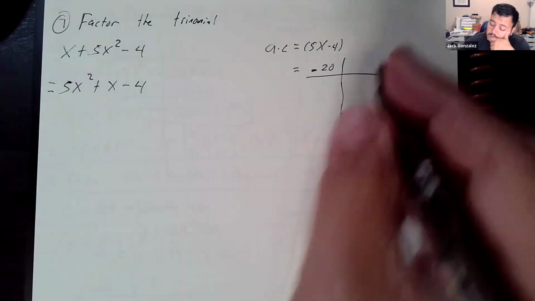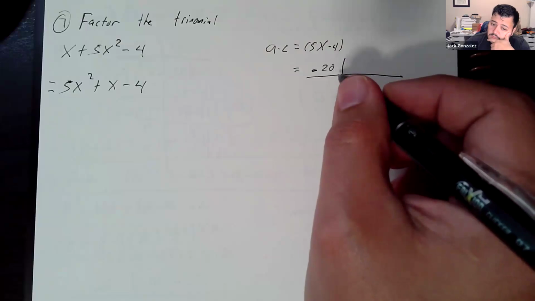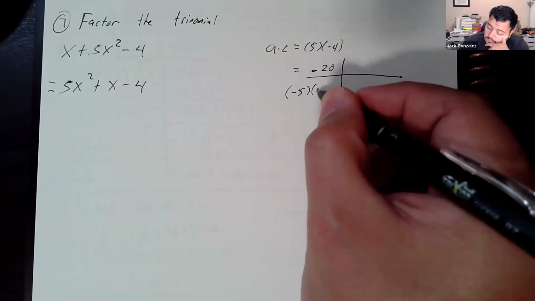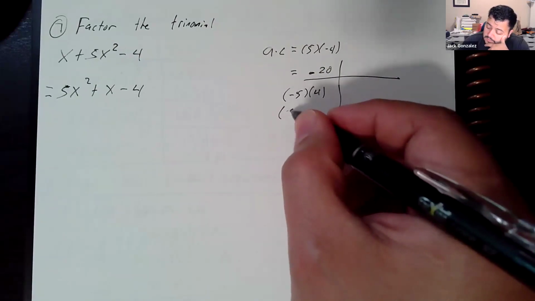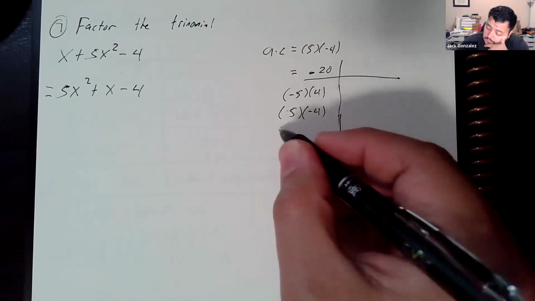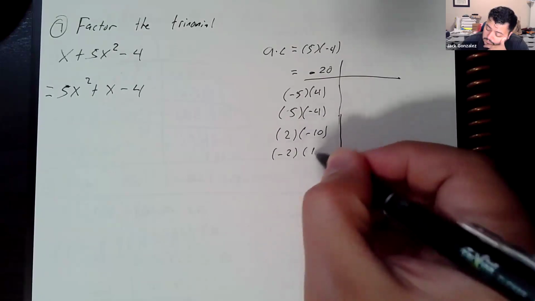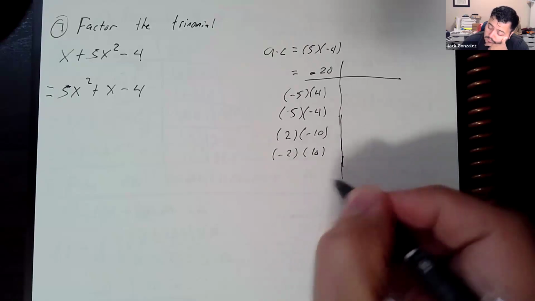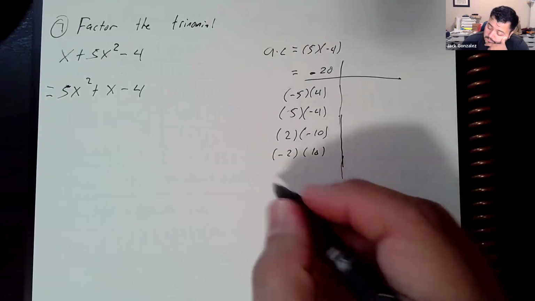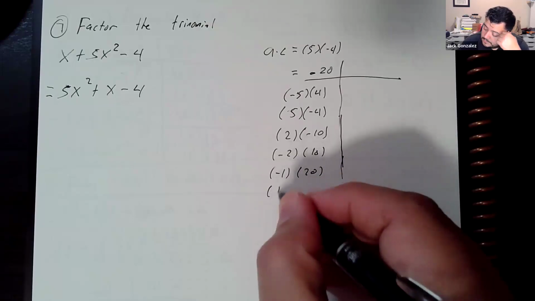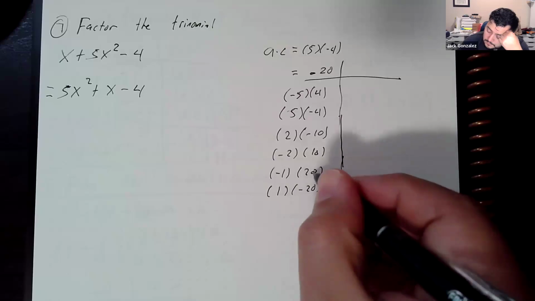All right. So find the factors of -20 that add up to 1. So -5, 4; 5, -4; 2, -10; -2, 10; -1, 20; 1, -20.